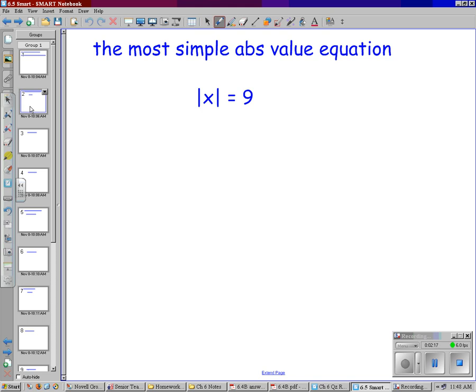Now what we're going to do here is what is inside here is written two ways. You either write x equals the positive 9 or x equals, and we have to have a negative in front of it. Because you guys all know that if I take the absolute value of any number, it has to become the positive of that number.